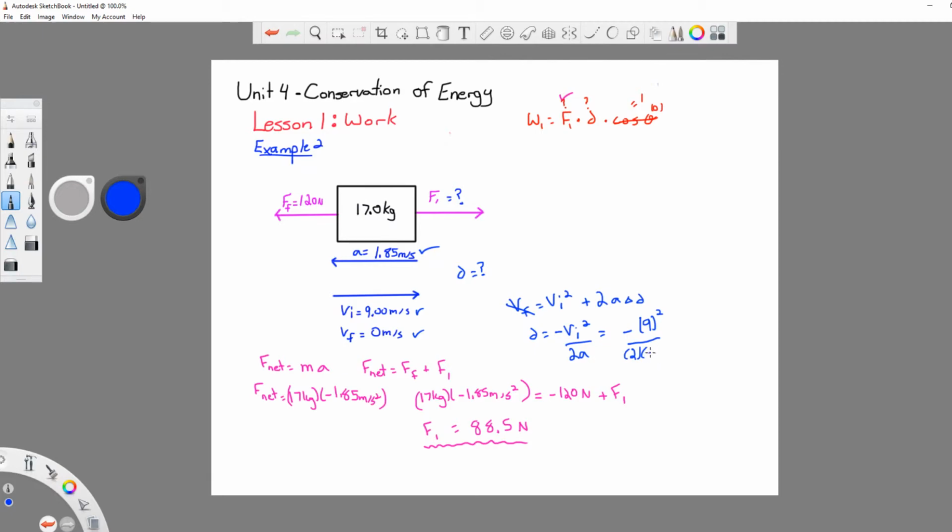What was it? Negative 1.85 meters per second squared. And we end up getting a displacement value here of 21.89 meters. Okay, another useful value. We can check that one off.